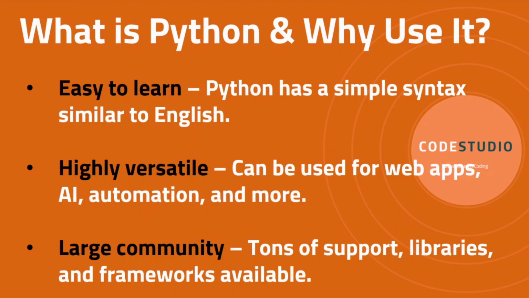Python has a simple syntax similar to English. It is highly versatile, which means it can be used for web apps, AI, automation, and many more projects. It has large community support. Python has tons of supporting libraries and frameworks available, which help developers build their projects without much hurdle.